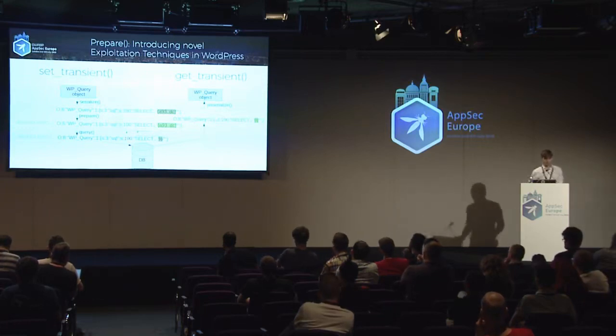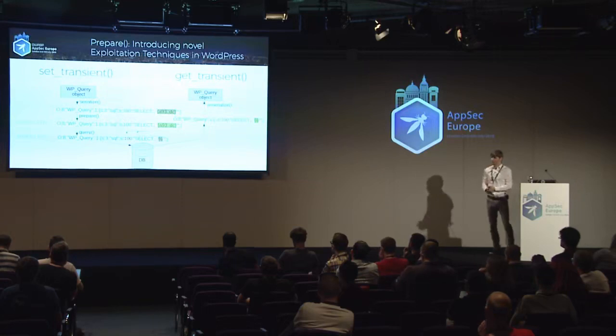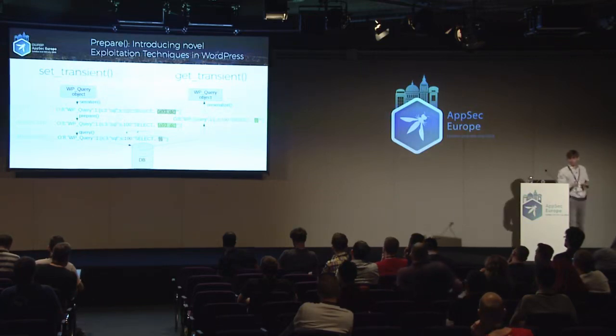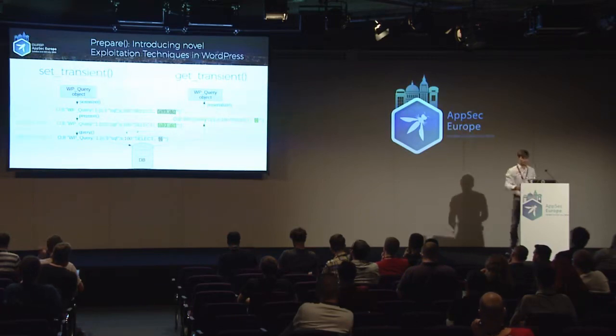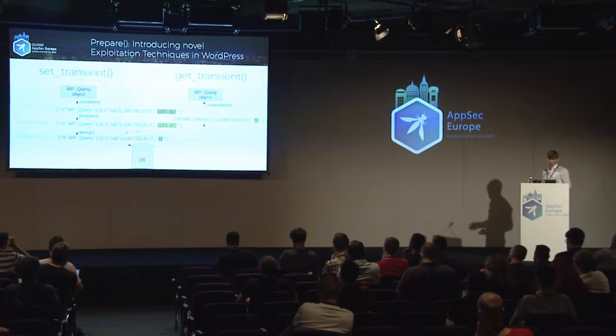If it is now prepared into a SQL query to be inserted into the database and then sent to the query function, what the query function actually thinks is that the placeholder, the 66-character long random unique string, was introduced by the previous prepare beforehand, which was actually not true. This 66-character long random unique string was introduced in the WP query object. So WordPress cannot really distinguish where this escape placeholder is coming from.